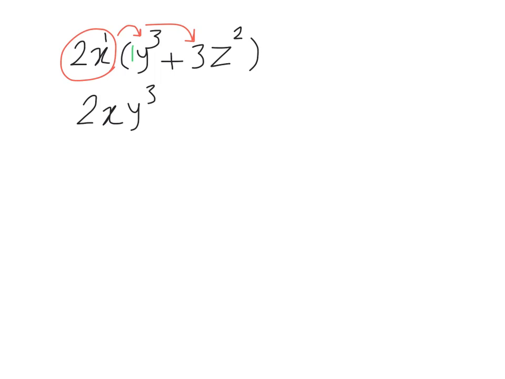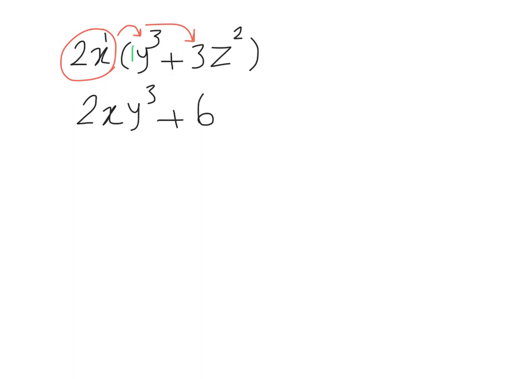Okay, next I need to multiply my term outside the brackets, which means 2x by 3z squared. So number times number, numerical coefficients times numerical coefficients. Here it's going to be 2 times 3, it's going to be 6, and then x power 1, z power 2. Again, they're not the same letters, I cannot combine the exponent, therefore I just write the same letters.